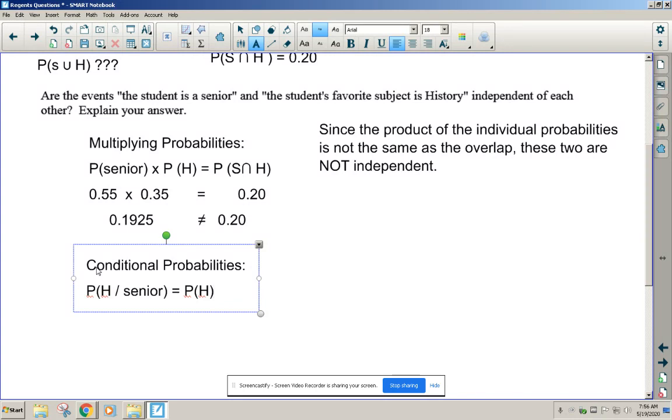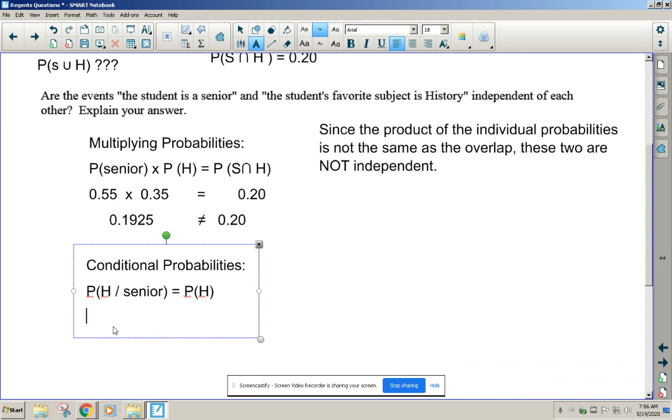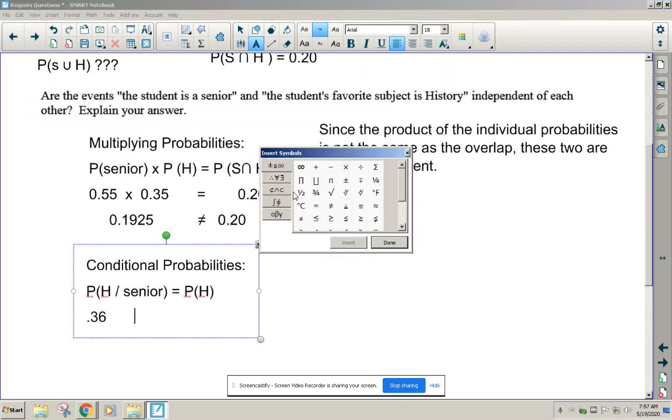So remember, when we said to prove independence with conditionals, the overlap over the senior would have to equal the history standing alone. So the history, given you're a senior, we found out up here was 4 out of 11, 0.36 repeating. Is that the same as liking history? Liking history was 0.35. So 0.36 repeating is absolutely not the same as 0.35.